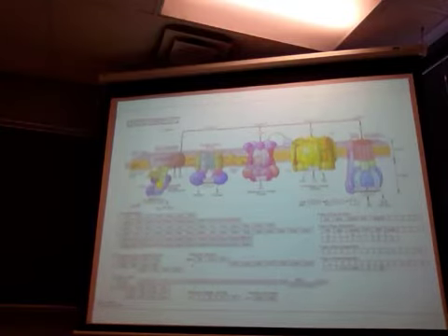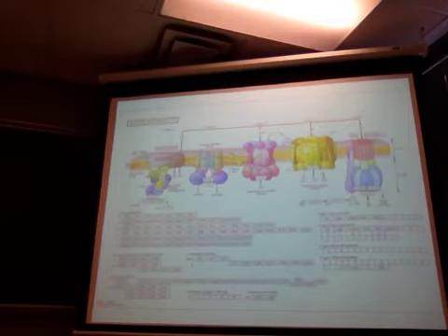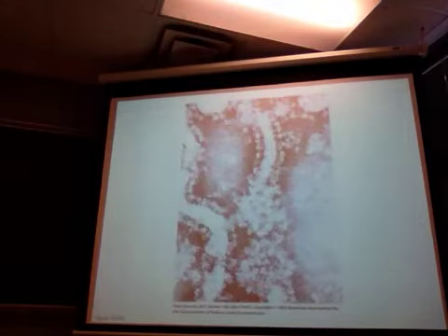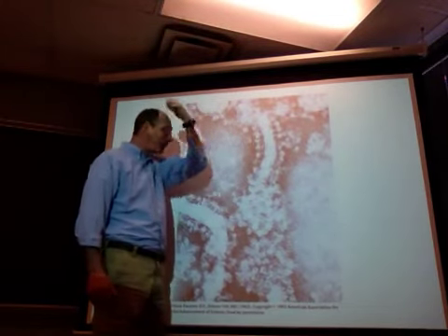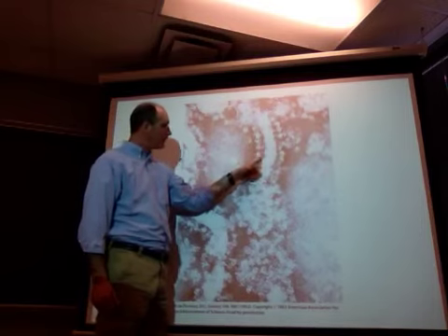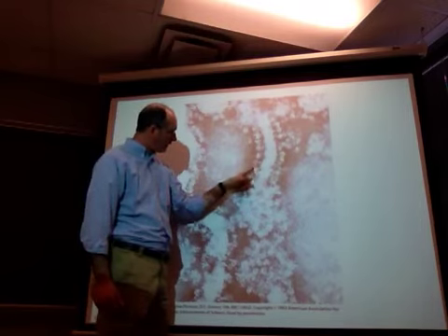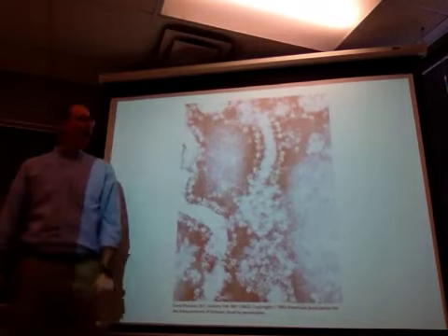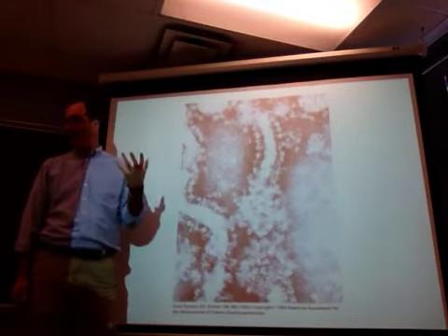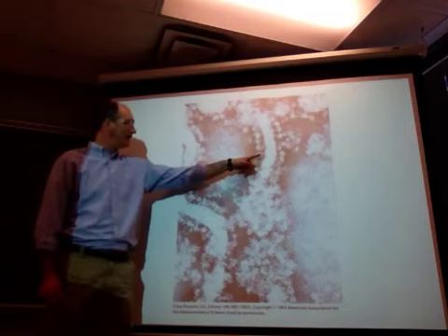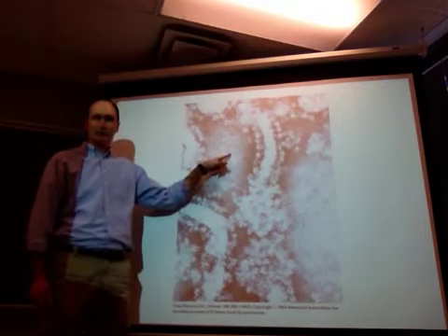Now, this system is actually kind of cool. If you look at this, you can actually see the little bulges of the ATP synthase complex. It looks like little mushrooms on the mitochondrial inner membrane. So this is an electron micrograph. Those little things right there, those are the ATP synthase complex, the mushroom head of the ATP synthase complex, extending into the mitochondrial matrix.